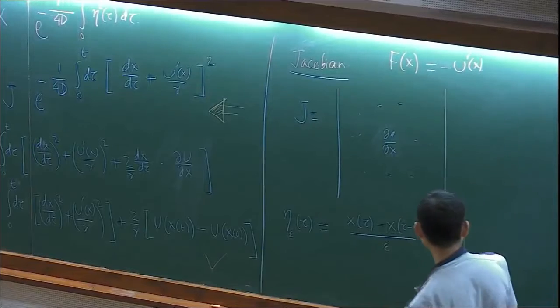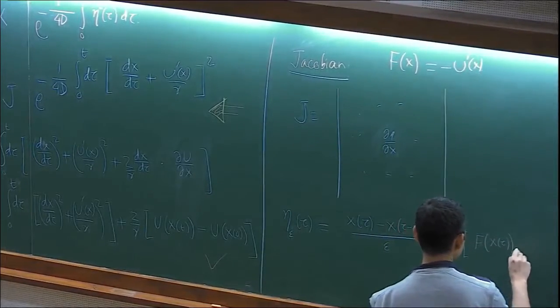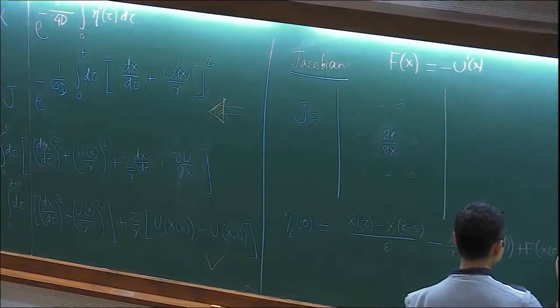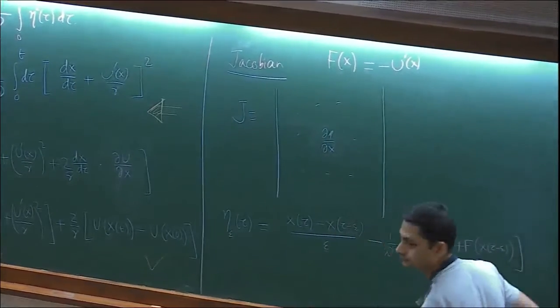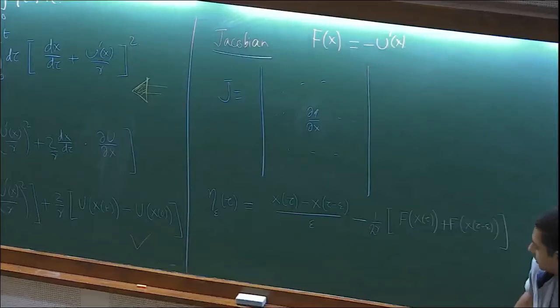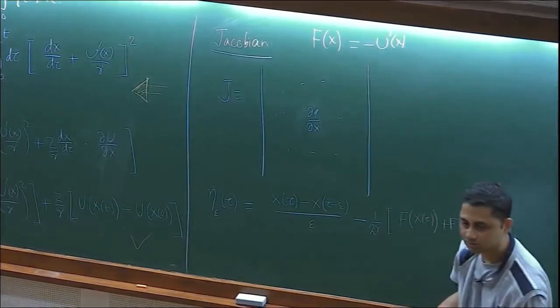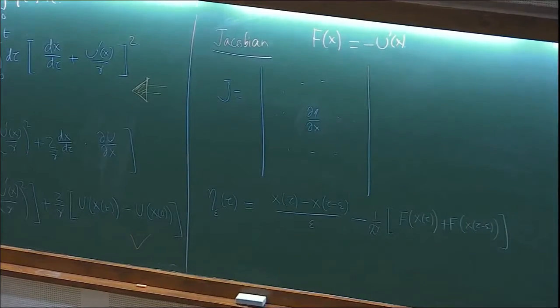So you take F at x at tau plus F at x at tau minus epsilon and take half of it. Or when your epsilon becomes small, it doesn't matter, you can also say that I can take the force at the midpoint. So both become equivalent.